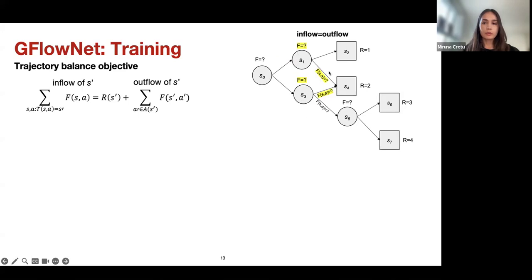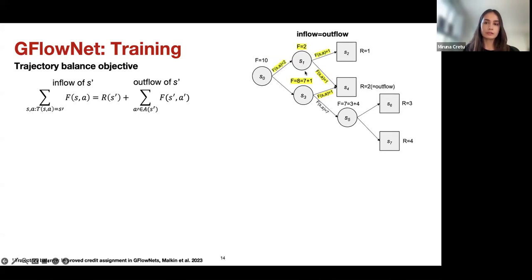And again, if we remember that the goal is to sample these terminal states with probability proportional to their rewards R, the way in which the GFlowNet achieves that is that it defines this flow quantity, which is really something that approximates the probability of being in a state or transitioning from a state to another. And it approximates the flow quantity through this flow matching criterion. So here in this highlighted case, a valid solution for the flow quantities is one that achieves that, for example, for S1.